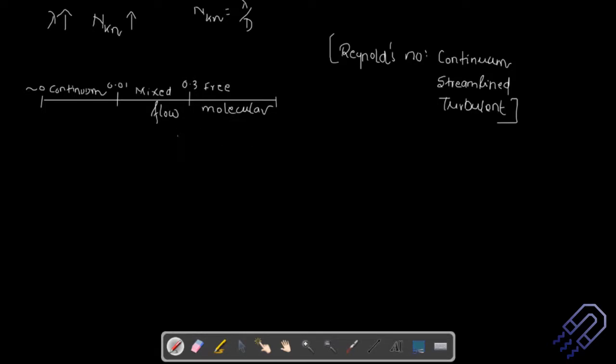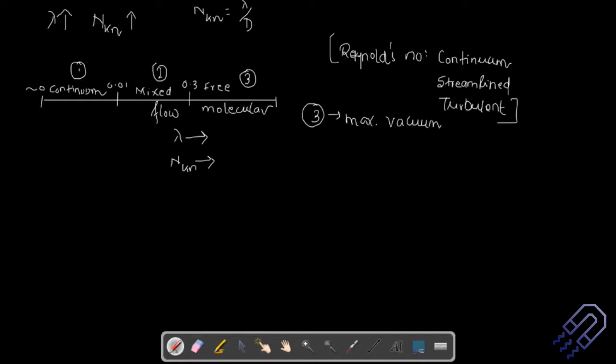So if you look into this timeline, this means that mean free path will increase on this side, and the Reynolds number will also increase on this side. So in this particular region, let's say this is your region 3, region 2, and then region 1, region 3 has the maximum vacuum.